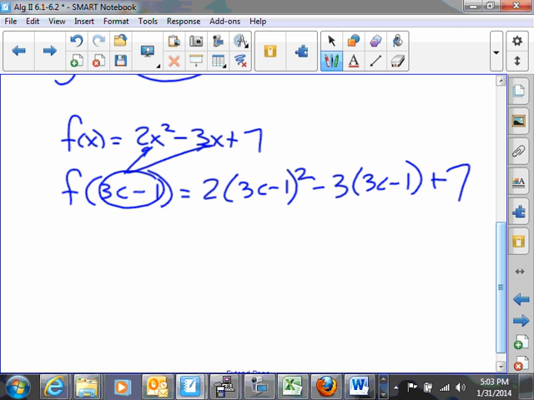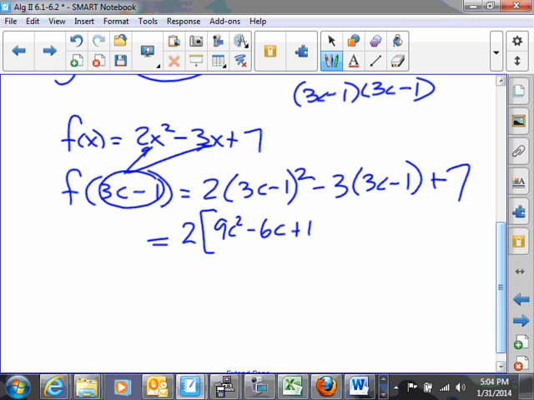When you're squaring 3c minus 1, you multiply 3c minus 1 times 3c minus 1. Now there is a quick pattern to use, and I'm just going to use that now. If you want to, you can go ahead and follow that out, but I have shown you the pattern, and I'm going to use it. So we have 2 times the first term squared, plus 2 times the first term times the second term, which is minus 6c, plus 1.